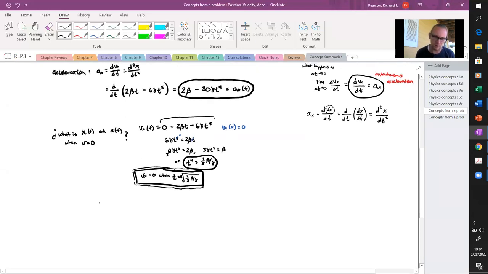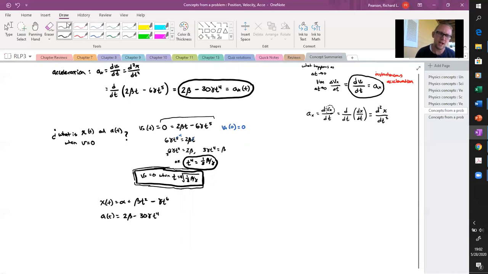So now we rewrite our equations for x, which is equal to alpha plus beta t squared minus gamma t to the 6th. There we go. Okay, so that's our position equation. I'll rewrite the acceleration one here just so we have it. Minus 30 gamma t to the 4th.